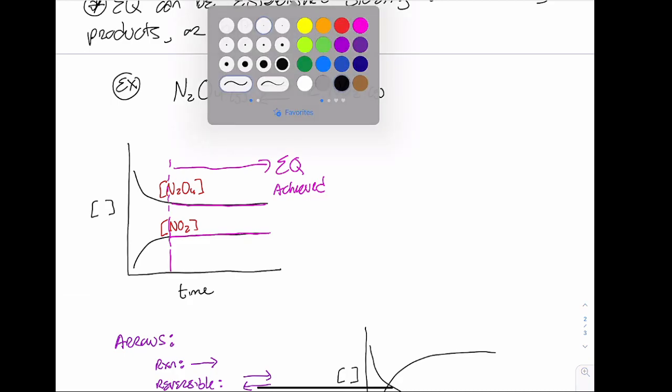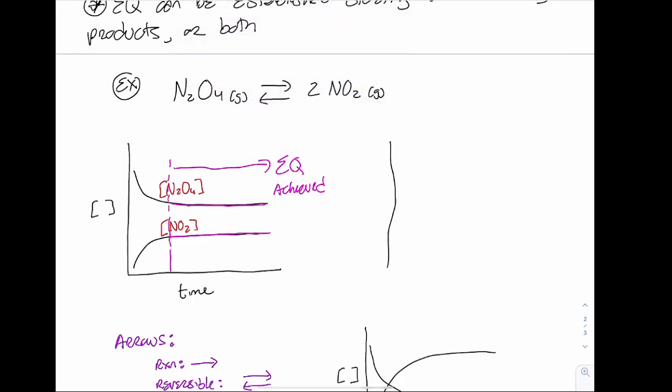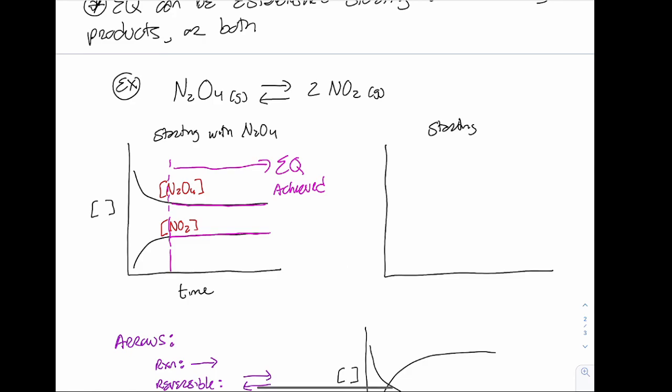If I wanted to look at it starting with NO, so this is starting with N2O4, starting with NO2, again, concentration versus time.